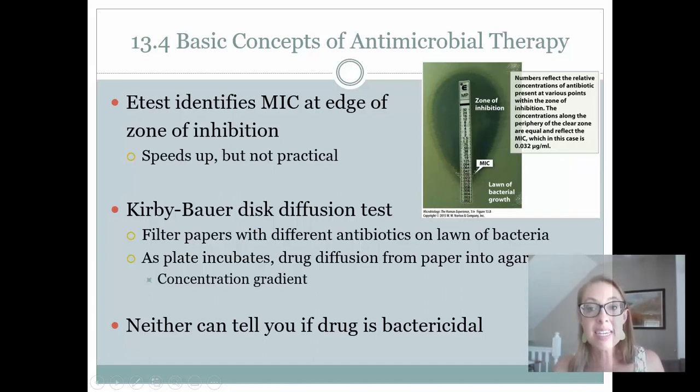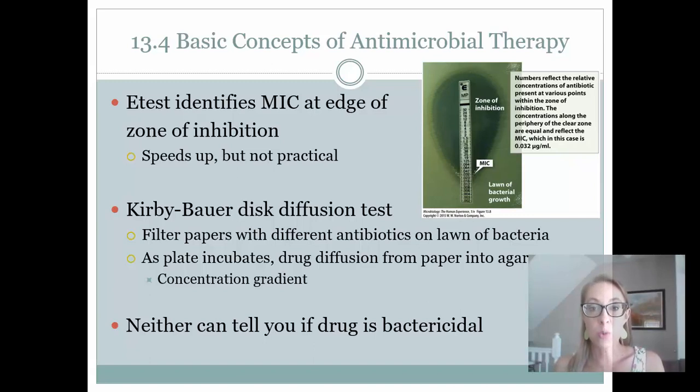What that means is that the concentration of antibiotic in our media is going to be high up here, and it's going to decrease and decrease until there's nothing down here. What we see around our E-strip where the antibiotic is high is that the antibiotic has inhibited the growth of the bacteria. So we call this area of clearing the zone of inhibition.